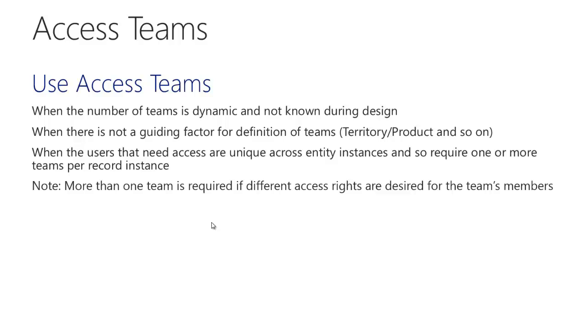The other type is a user-created access team, which is what we saw when you specify it in the administration area as an access team that is not entity specific, but it does have some access rights that are defaulted during the creation. So these are the two specific types that we talked about.